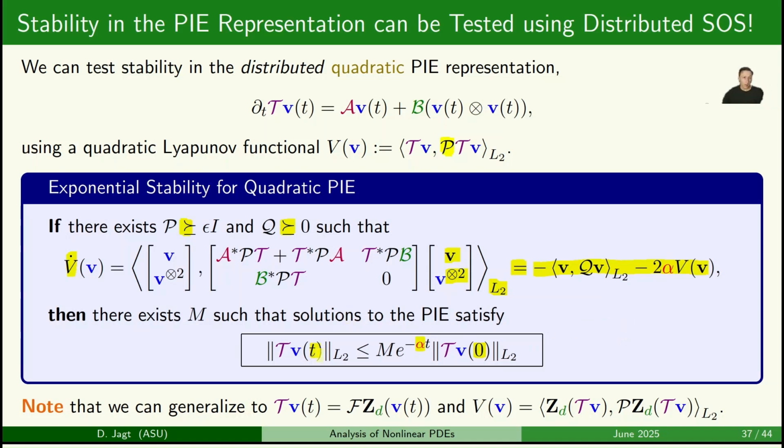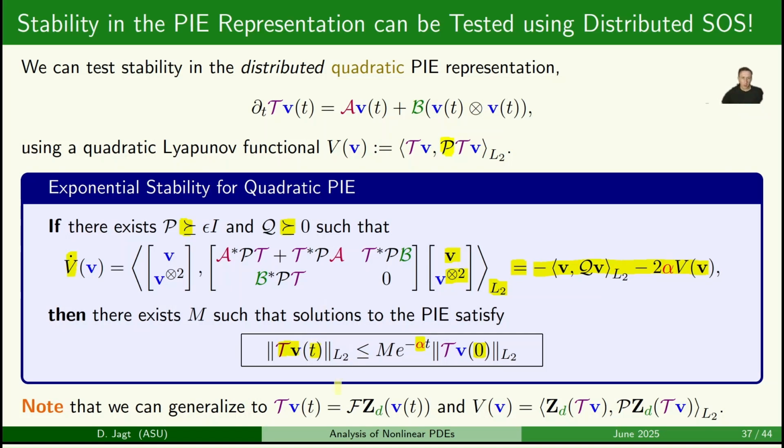Now note here that although all of this is expressed in terms of the PIE representation, T applied to v here actually corresponds to our PDE state. So although we're testing stability in the PIE representation, we're actually verifying stability of solutions to the original PDE.